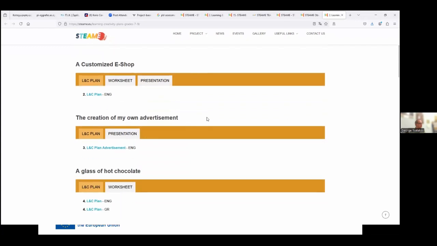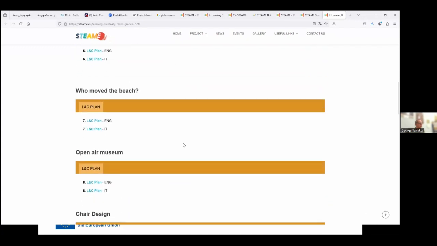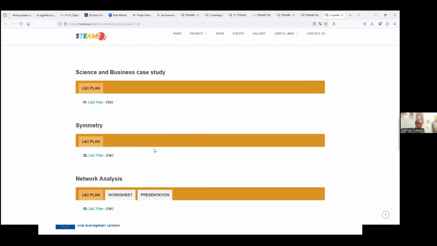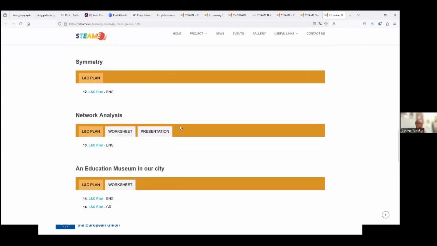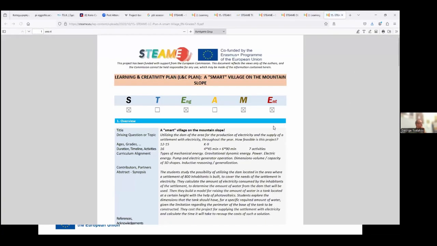I will choose just one, the one we prepared with my colleague here at the Pedagogical Institute, Eleni Papageorgiou. I will show just the first page here. The title here is A Smart Village on the Mountain Slope.